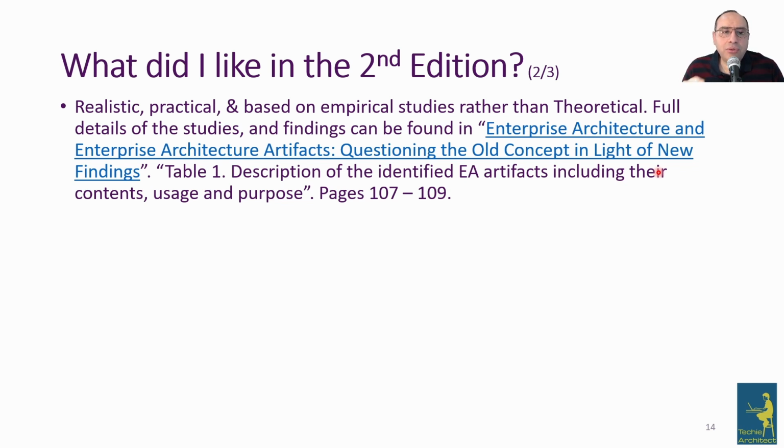In this link, if you go to table number 1 on the pages mentioned here, you will find for every artifact he mentioned when he was sampling from these companies, what is the percentage of finding this information, and what was the purpose of every artifact he introduced.